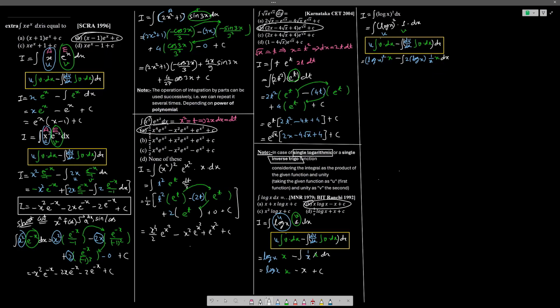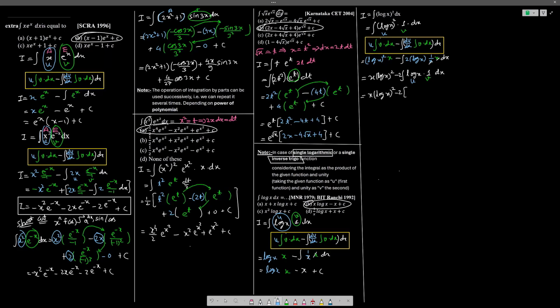So now on, your first term will be as it is. In the second term, x and x will cancel out. We will get 2 times integration of log x. Again log x into 1. Log x is considered as u and 1 considered as v. Apply the integration by parts. So first term still remains as it is.